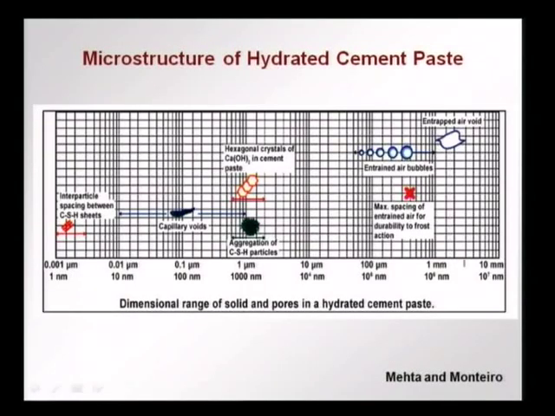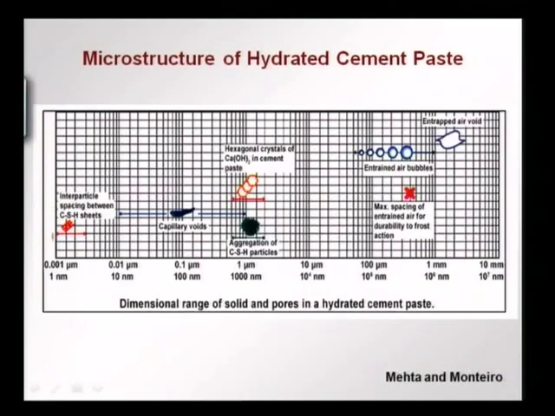We said that there is a lot of porosity in the hydrated cement paste, and here in this nice graph by Mehta and Monteiro, we can see how the microstructure is distributed in the cement paste.